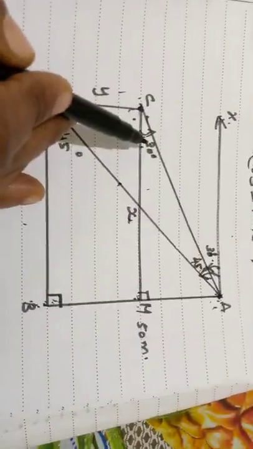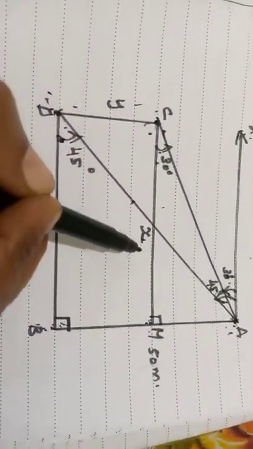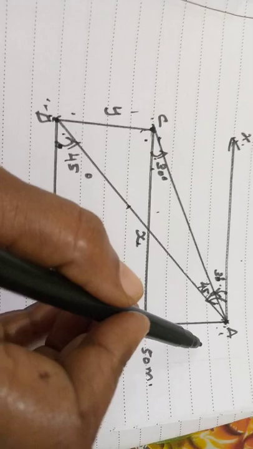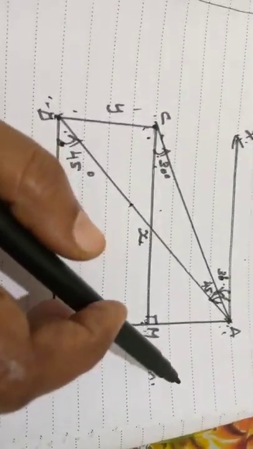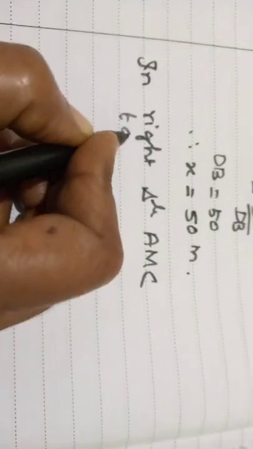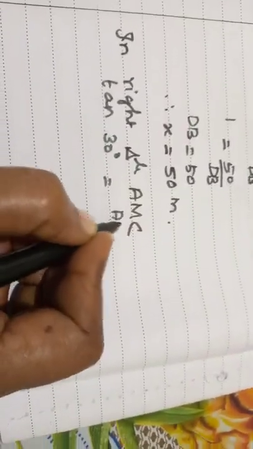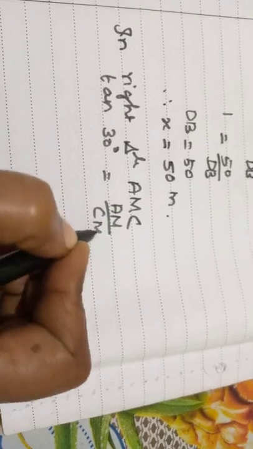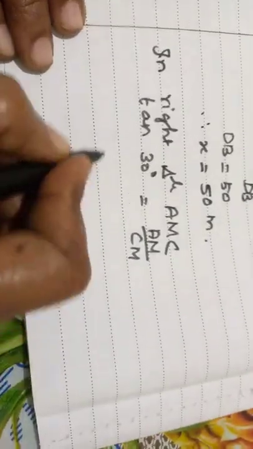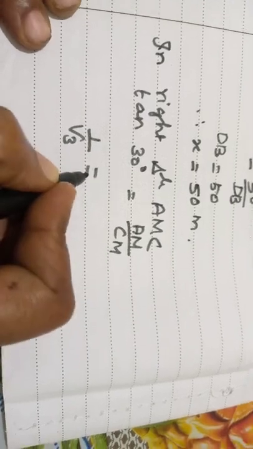So tan 30 is equal to opposite by adjacent. Adjacent value we have, this opposite we are going to find out. Understood, students? So tan 30 degree is equal to opposite side AM by adjacent CM. What is the value of tan 30? 1 by root 3 is equal to AM by CM.